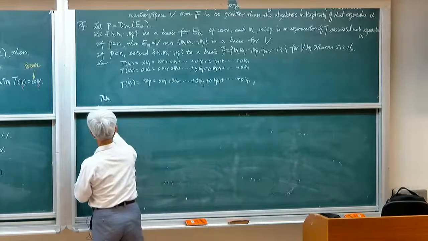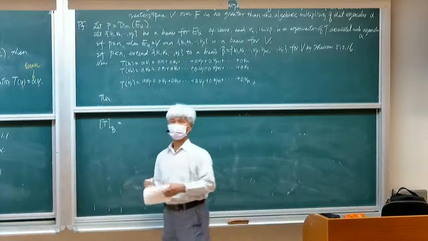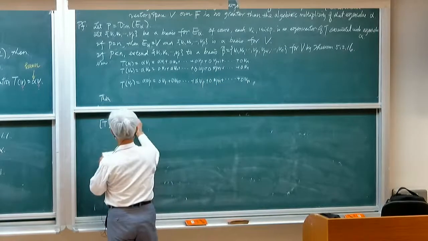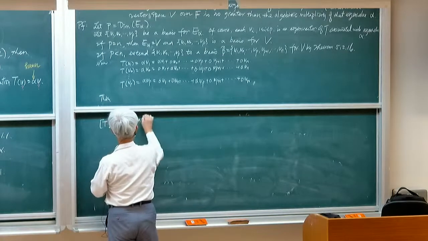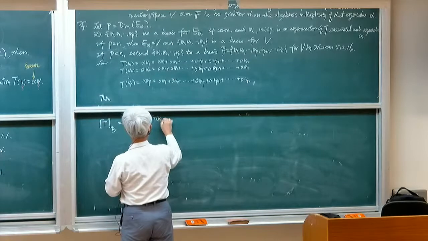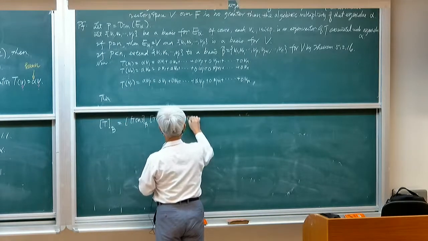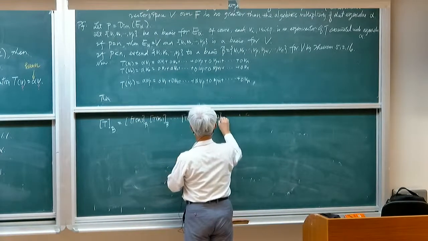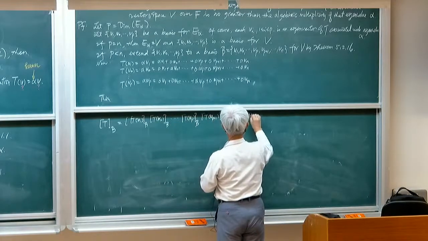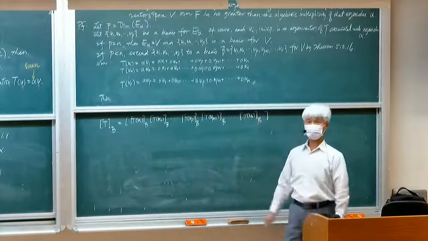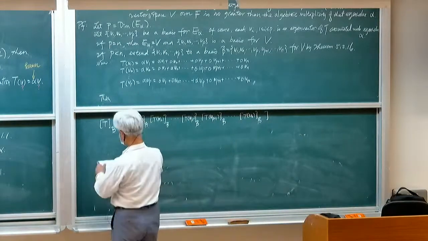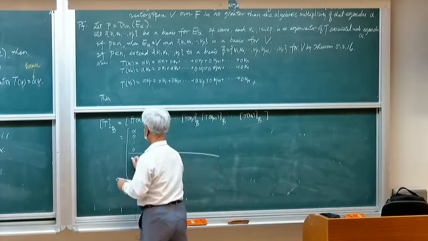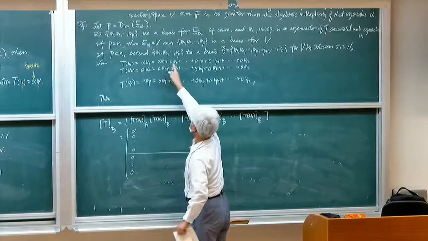The matrix representation of linear operator T relative to this basis B will be the columns TV1, TV2, up to TVp, TVp plus 1, up to TVn. The first column is alpha, 0, 0, and also 0, 0.